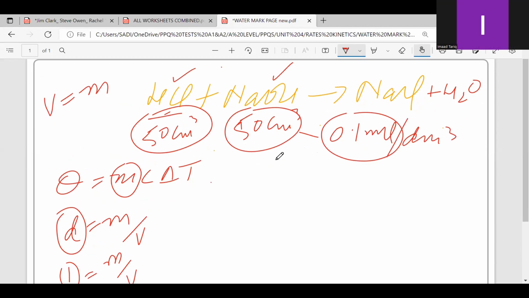Is this the only case in neutralization or in other reactions as well? This is for neutralization only, when you are calculating the enthalpy of neutralization, then this is how you solve the question.